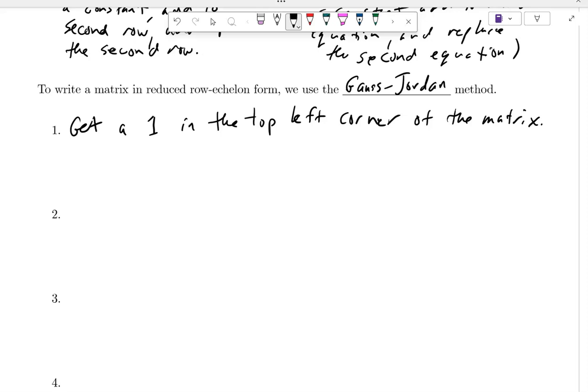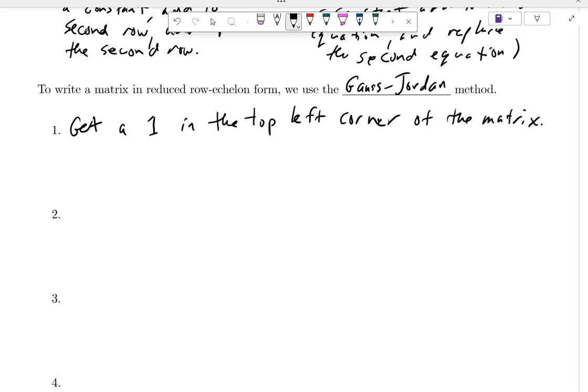All right, so again, first step is to get a 1 in the upper left-hand corner here, right? Okay. What was the next step that we did after we got that 1x in the upper left-hand corner? This is the previous section stuff, right?